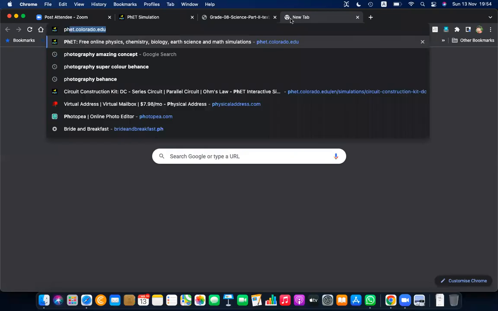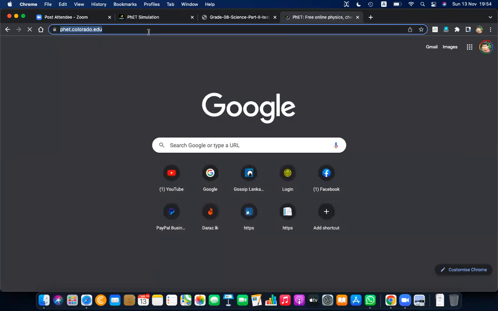At the same time, I would like to go to this Tinkercad.